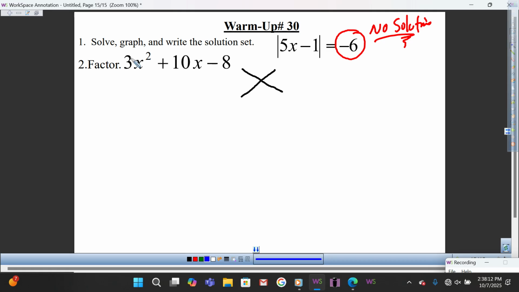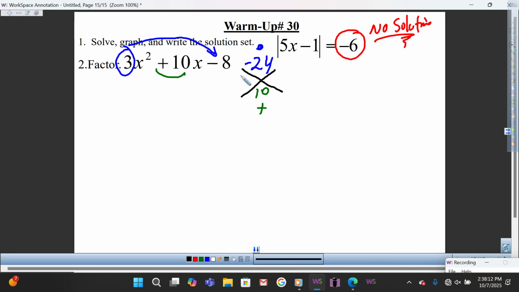in this case, since we have a 3 in the front, we multiply 3 times -8. That's -24. And then we got +10. That goes here. So what two numbers multiply to give me -24 and when you add them give us +10? No, not 6 and 4.